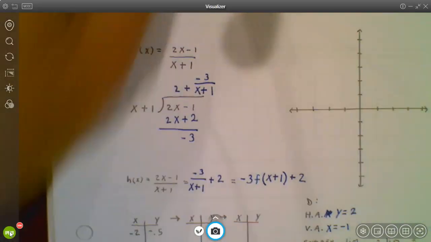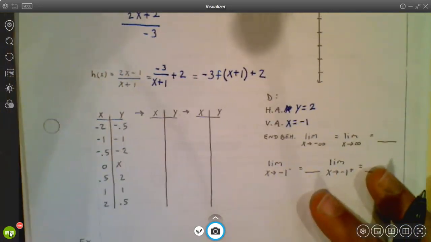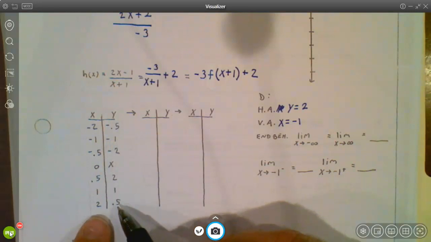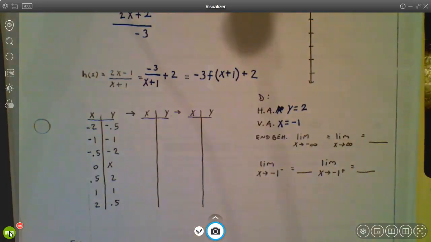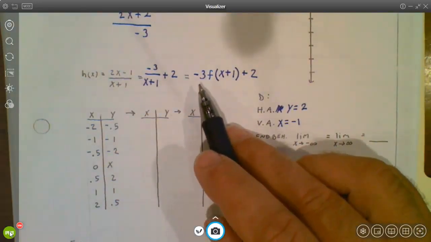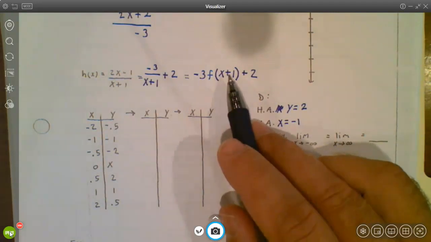So if we were to apply that to some real numbers so that we could graph it, again, here I laid out the parent function values. So let's apply a couple things here. Remember that each transformation affects either the y or the x.